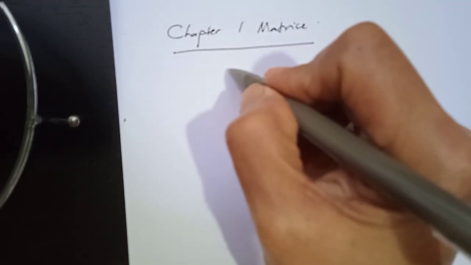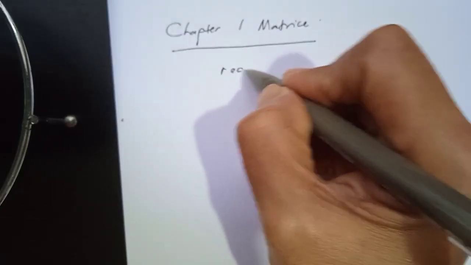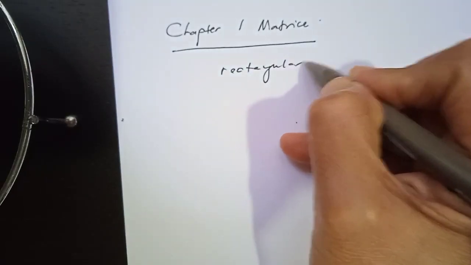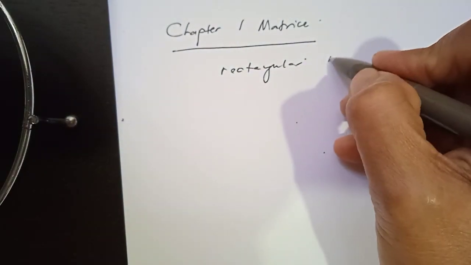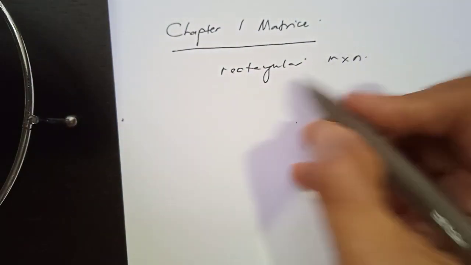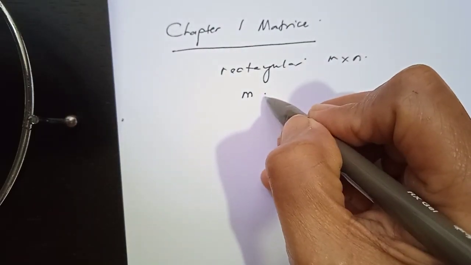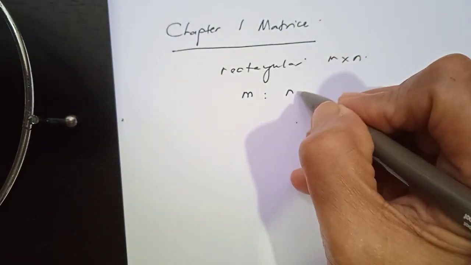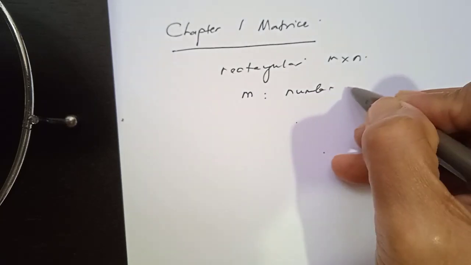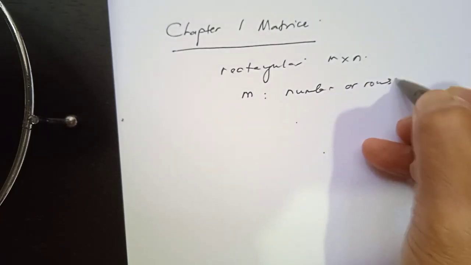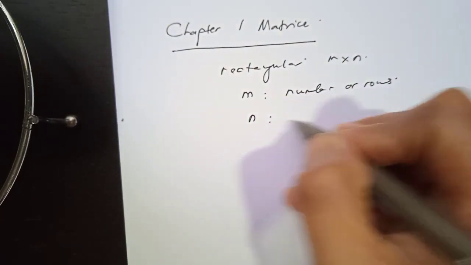So it is a rectangular array in order of m times n, where m is number of row, and n is number of column.